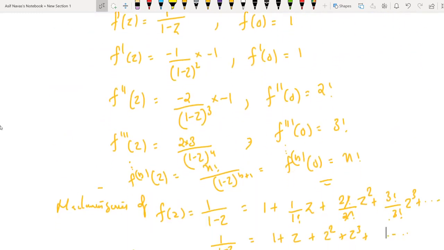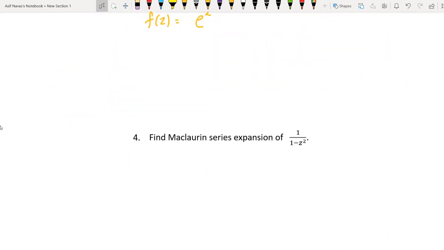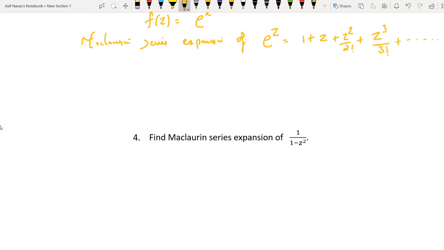So what we will do is, we already know that the Maclaurin series expansion of e raised to z is equal to 1 plus z plus z square by 2 factorial plus z cube by 3 factorial plus etc.